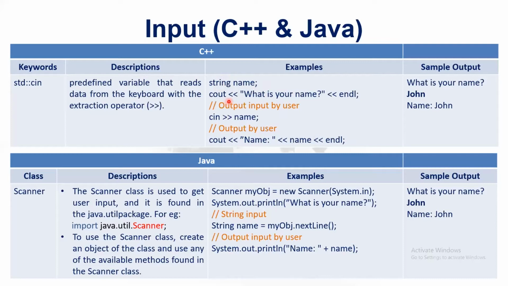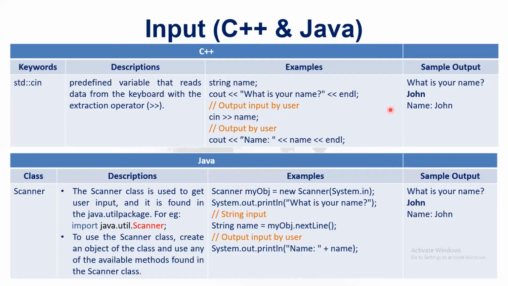Then you use cout to ask the person what is your name. Then you have cin. Just now cout was the insertion. Right now cin is an extraction. Extraction means that you extract the information from the user, from the values that are keyed in by the user.